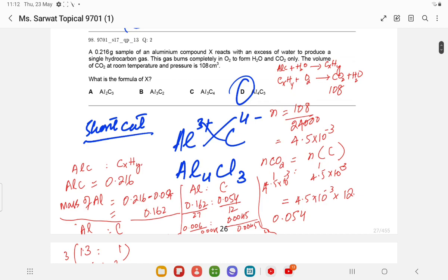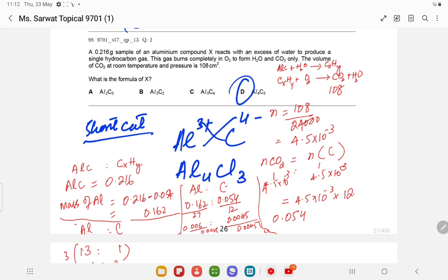So in this question, you know that 0.216 gram of a sample of an aluminum compound X reacts with an excess of water to produce a single hydrocarbon gas. This gas burns completely in oxygen to form water and carbon dioxide only. The volume of carbon dioxide at room temperature and pressure is 108 cm³. What is the formula of X?